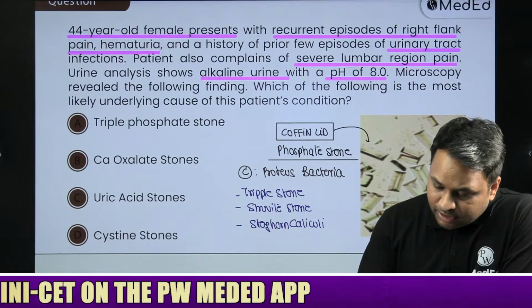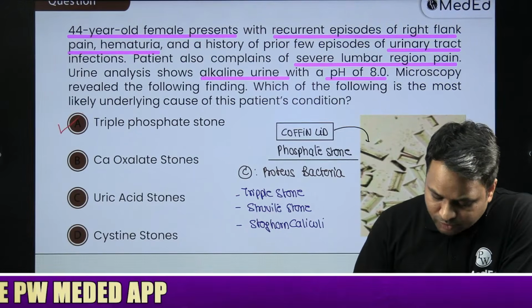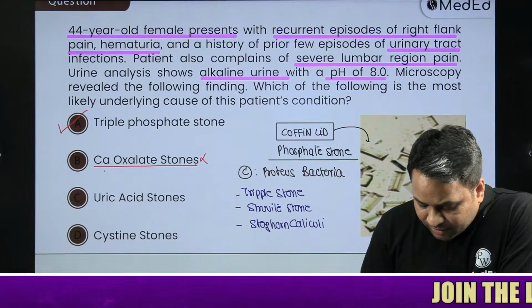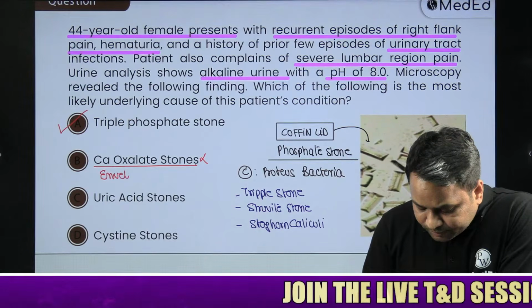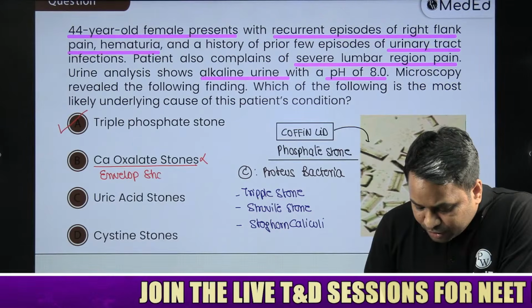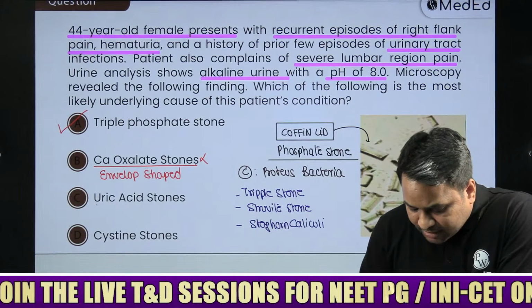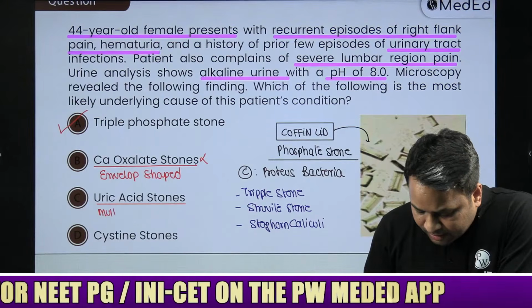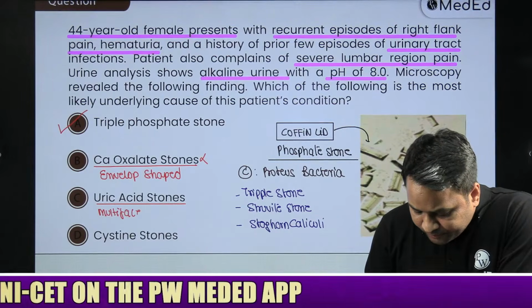So the answer here is going to be triple phosphate stone, not calcium oxalate. If you have calcium oxalate stones, then you have envelope shaped crystals. Uric acid will have multi-faced crystals.